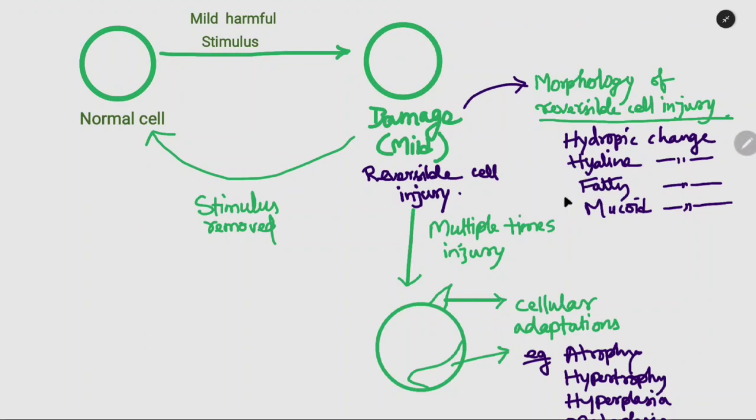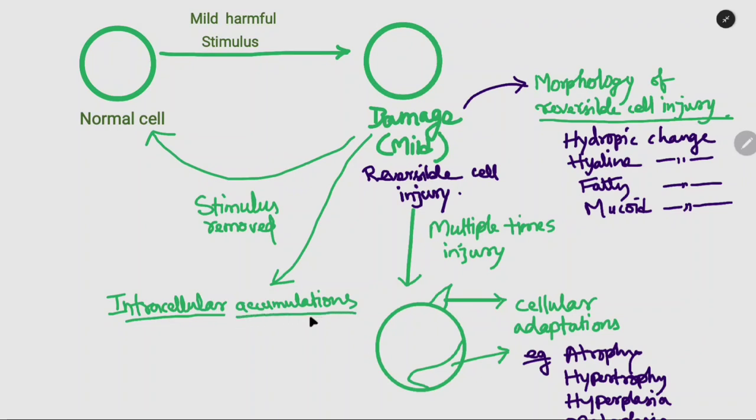We will discuss each of these in detail in the upcoming videos. Now, due to this damage, some substances will get accumulated inside the cell, and these are called intracellular accumulations. If intracellular accumulations are present in any cell, it will indicate that the cell has undergone some type of reversible cell injury in its past.